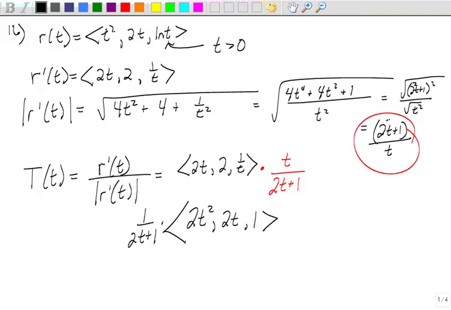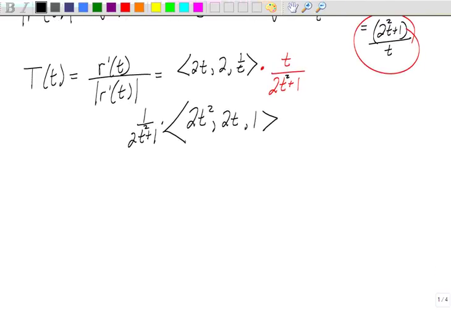That's a squared. All right. Now, that's the unit tangent vector right here.